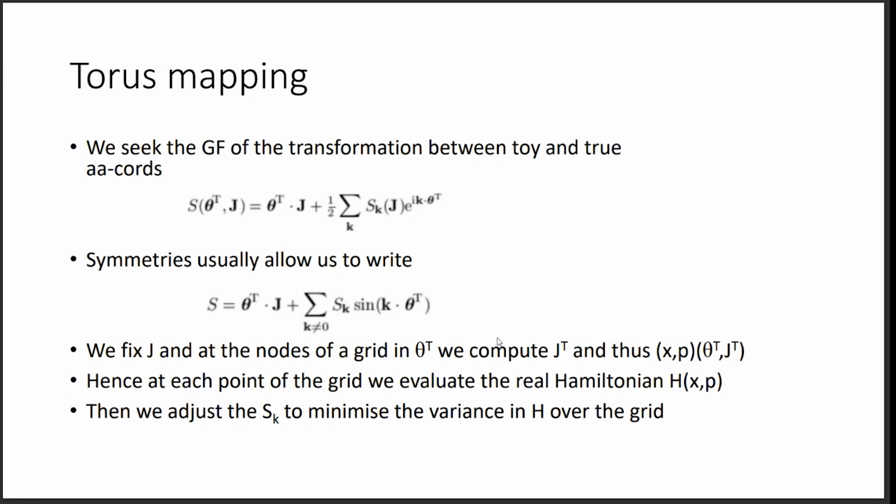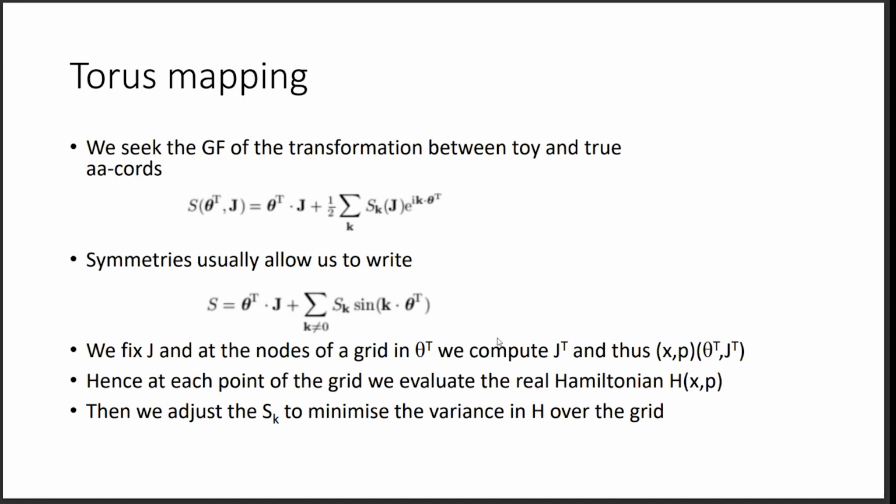And the other thing that's appearing is J of the true. These are going to be the action variables of the galaxy's Hamiltonian, or whatever Hamiltonian I've been given. So this is the form of the generating function. This part generates the identity transformation because the theta that belongs to J is dS by dJ, and you do dS by dJ on this and you get theta t.